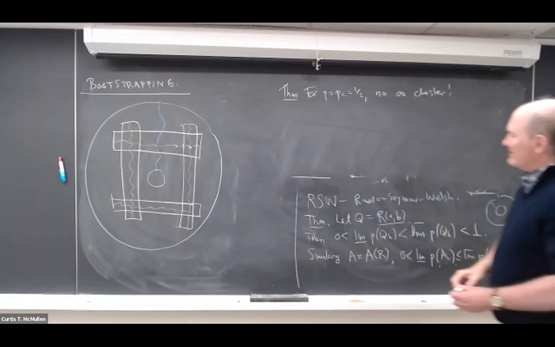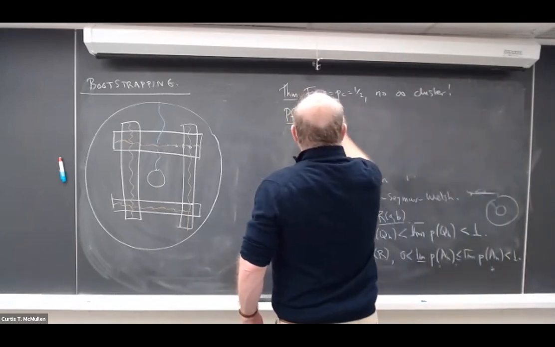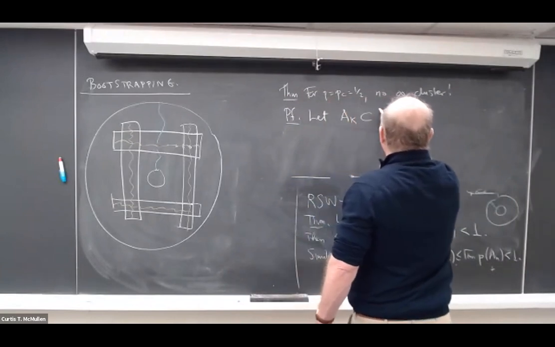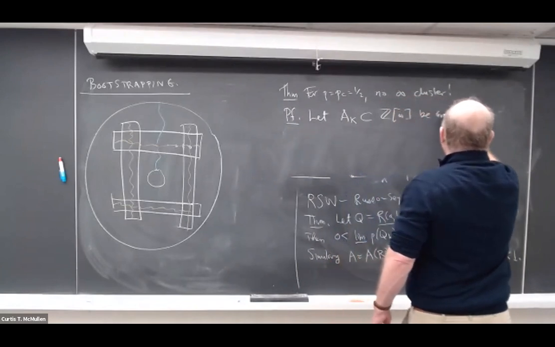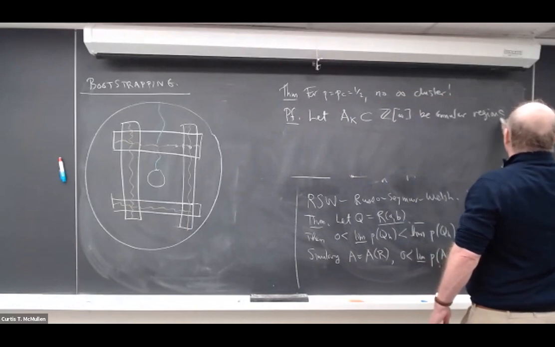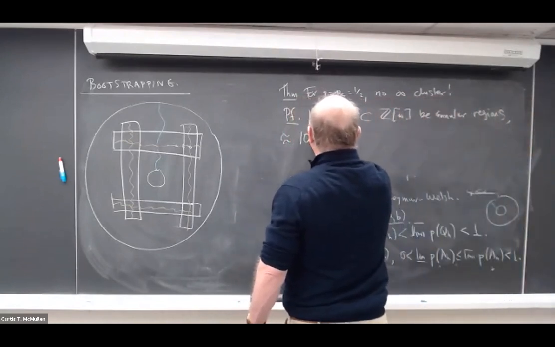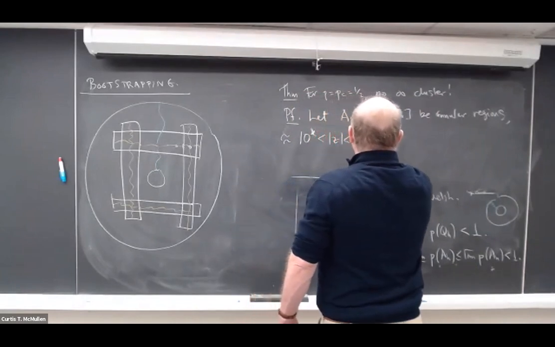And the proof is very simple. So let A_k contained in C (or Ω) be annular regions, each approximating the set where, say, 10^k is less than the absolute value of z, which is less than 2 times 10^k.